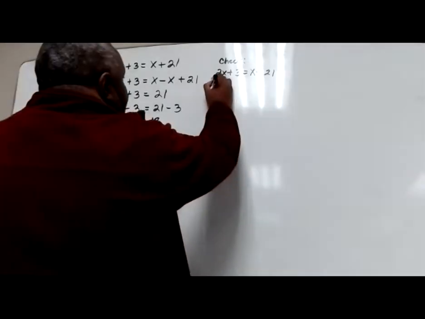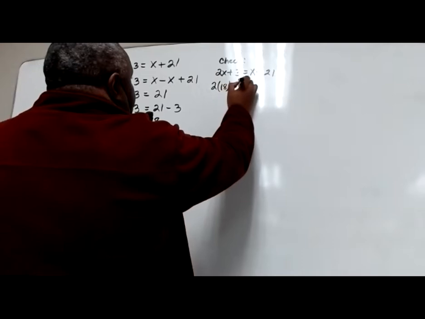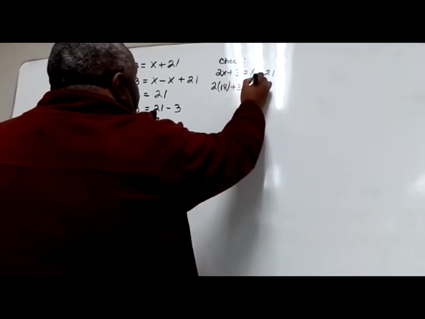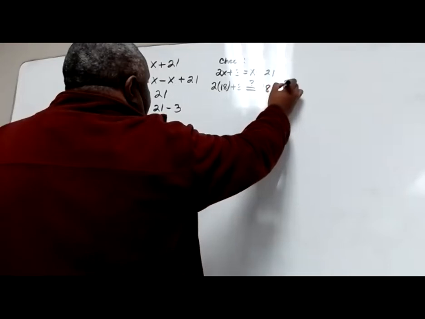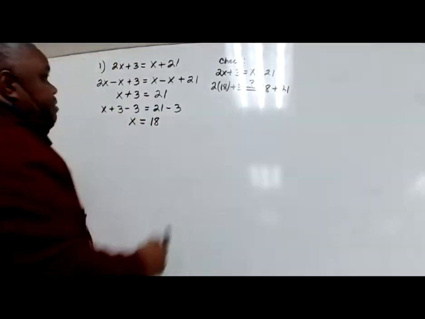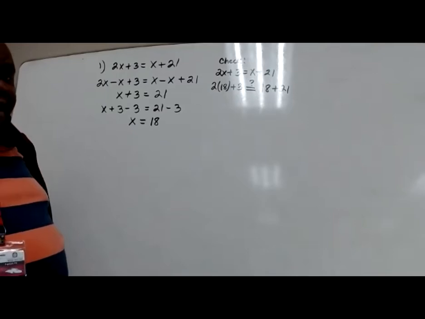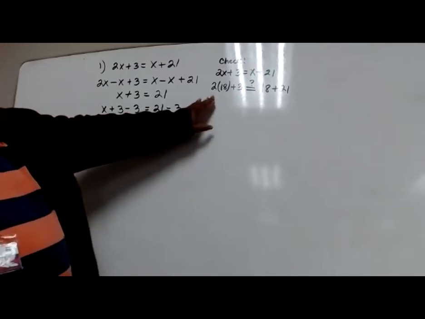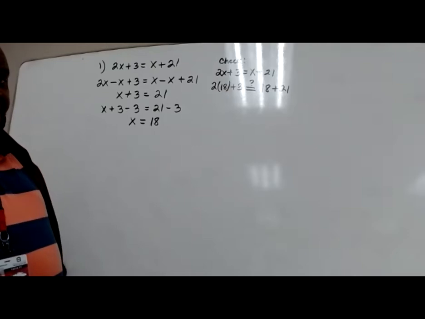So on the left side, I have 2 times x, which is 18, plus 3. And I want to know if that's equal to x, which is 18, plus 21. Sometimes they put a question mark above the equal sign to indicate, will this left side equal the right side after I finish checking?